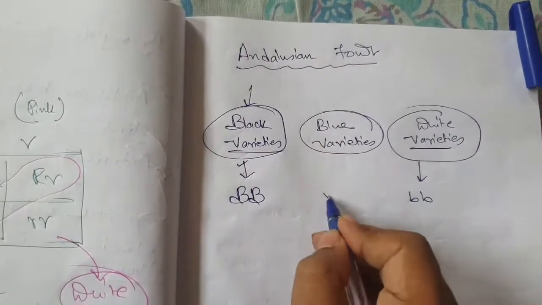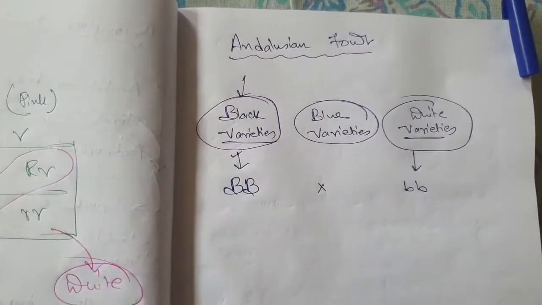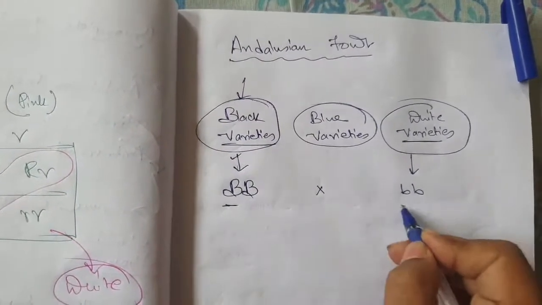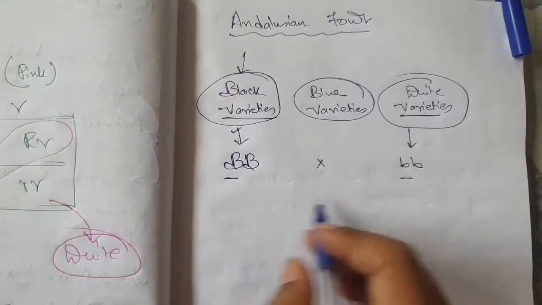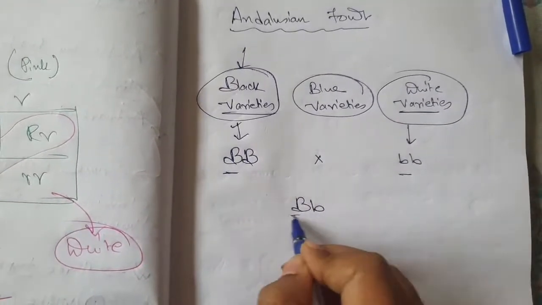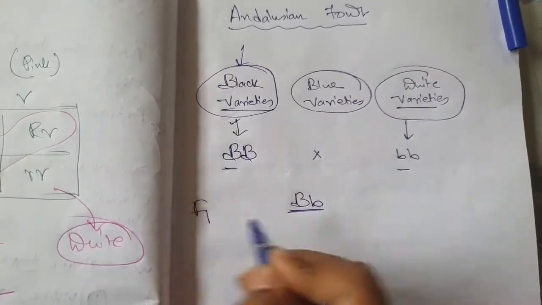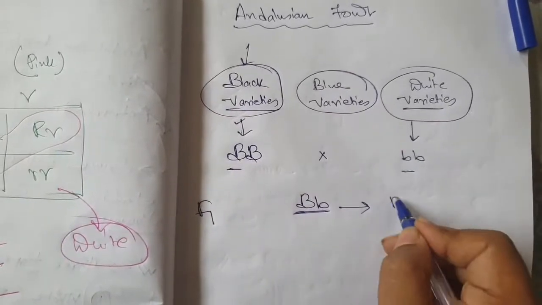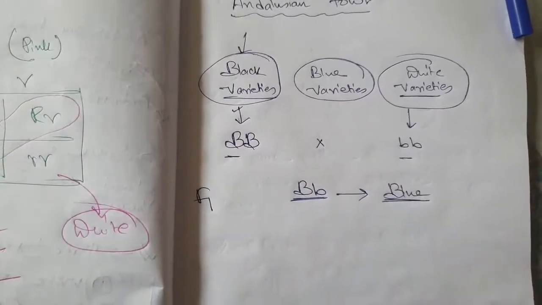Now, when you cross these, you will find that there will be Bb in the F1 generation. This, obviously, you can understand will show blue.